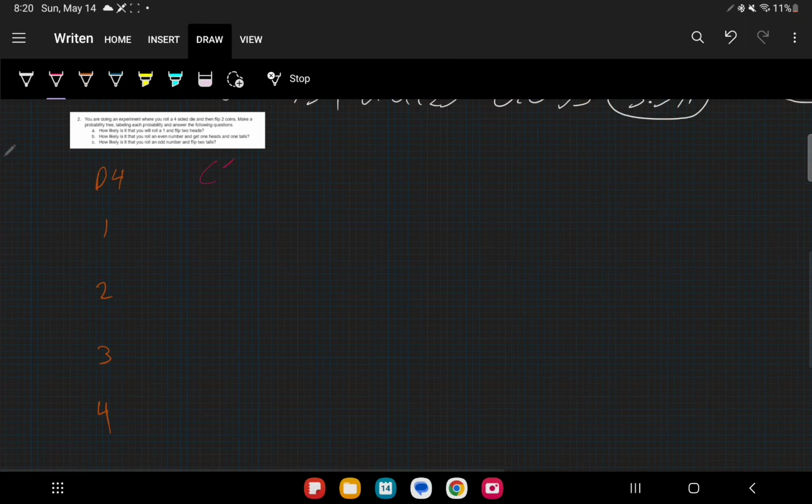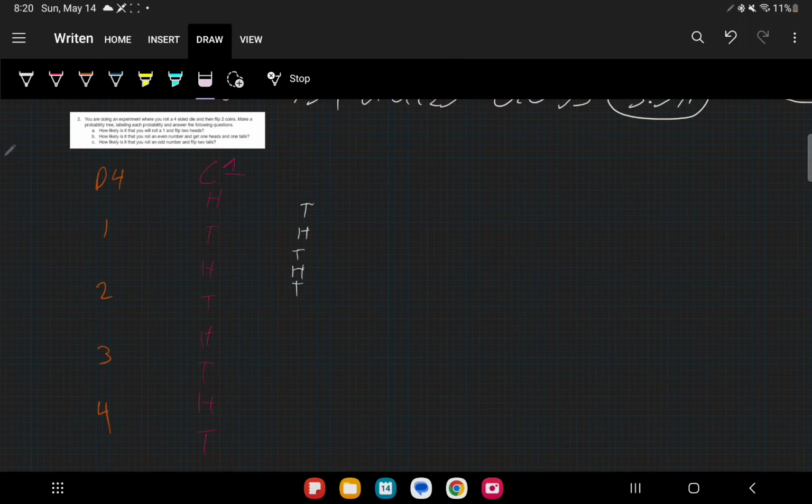So this is C1, which is heads, tails, heads, tails, heads, tails, heads, tails, right? And then we get to do it one more time. So C2. So we get heads, tails, heads, tails, heads, tails.